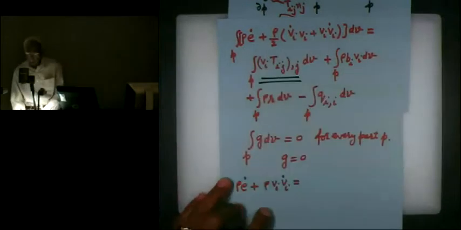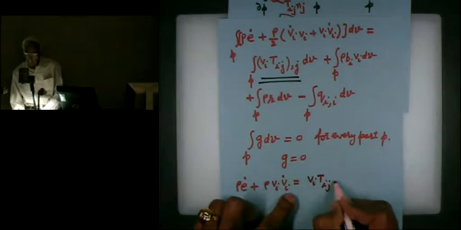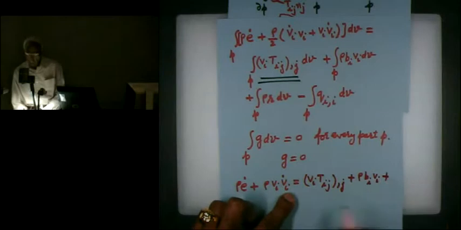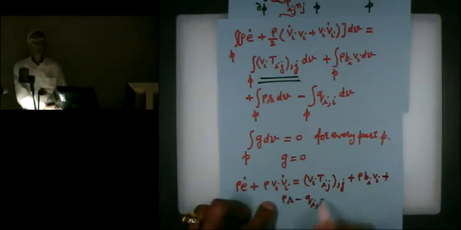Equals Vi Tij comma j plus rho Bi Vi plus rho R minus Qi comma i.